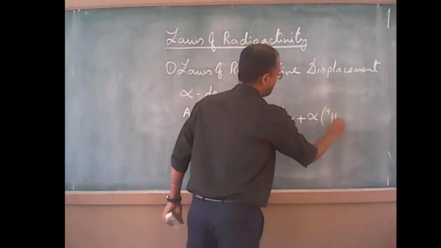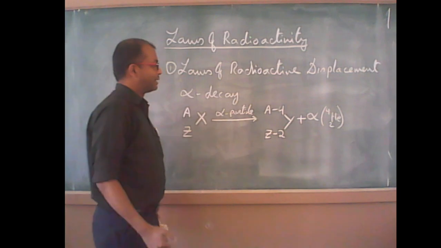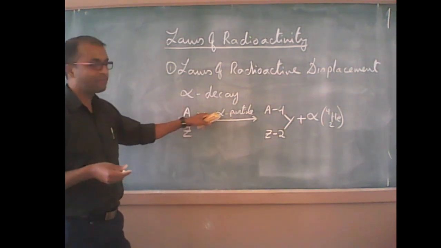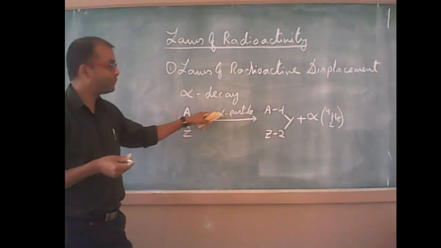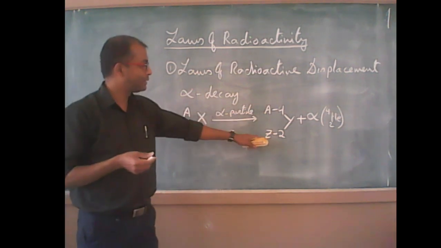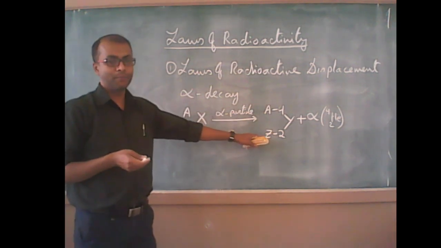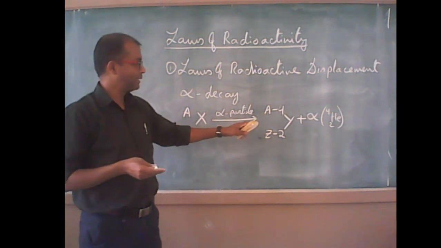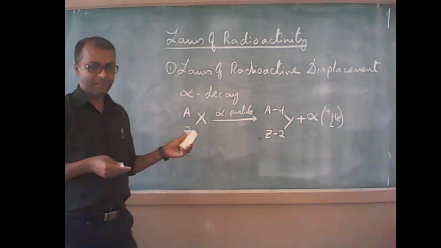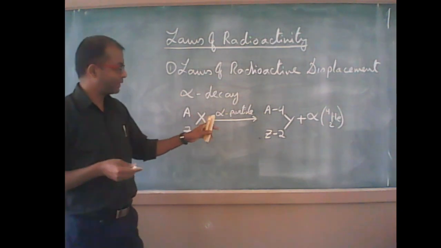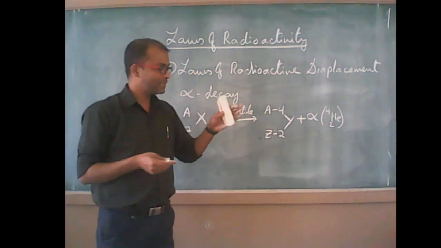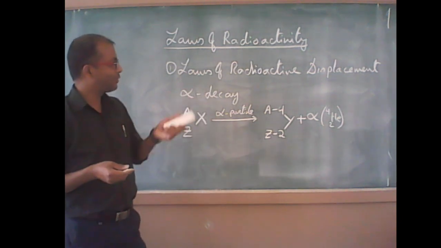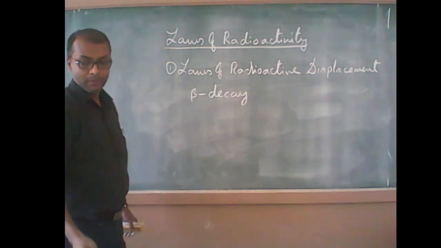So in the process of alpha disintegration, or in the process of emission of an alpha particle from a radioactive nucleus, the atomic number decreases by 2. That means the element displaces 2 places in the periodic table. That's why we call it the law of radiative displacement.